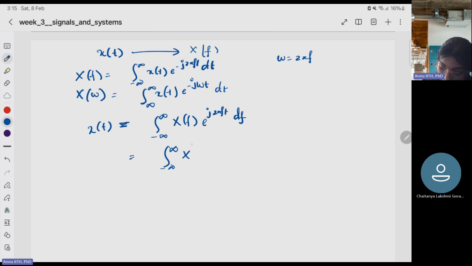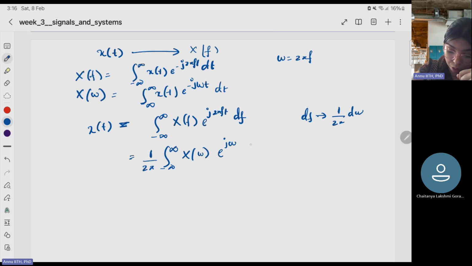This will be replaced by X(ω) e^(jωt), and df will be replaced by dω. How much? It will be replaced by 1/(2π) dω. Why? Because ω = 2πf, so where df was there, that's why 1/(2π) came. You should not get confused with that.